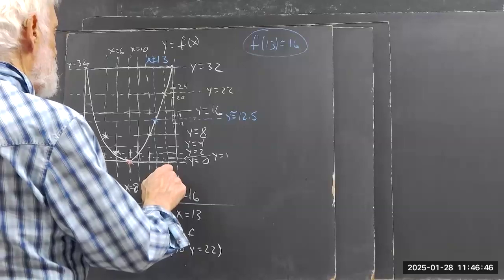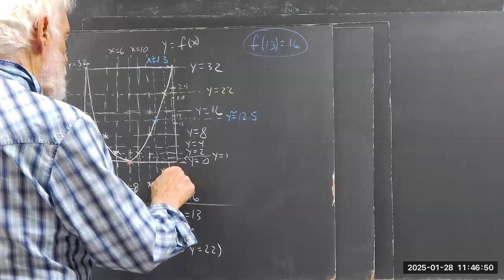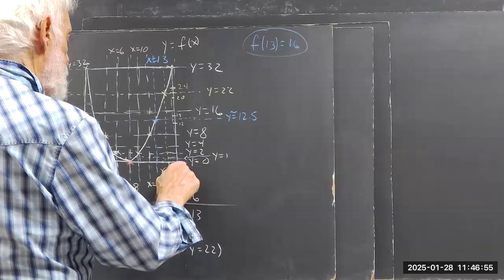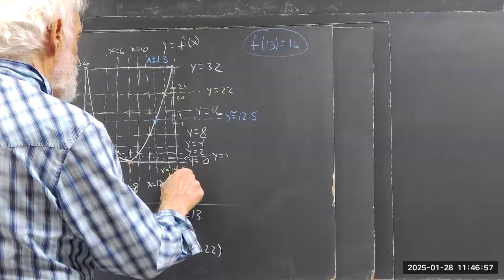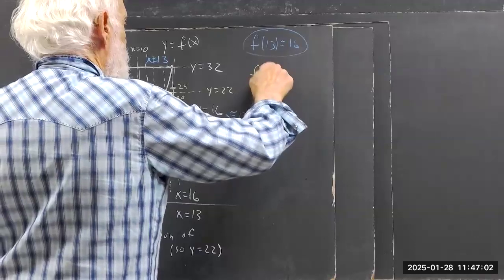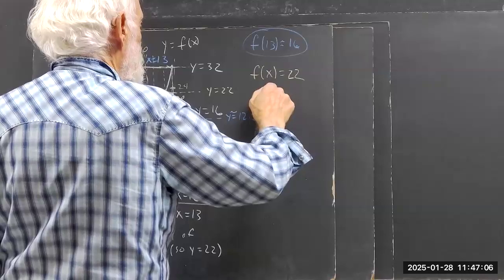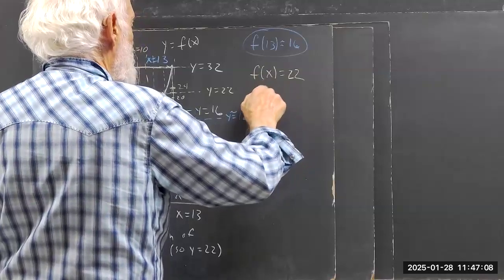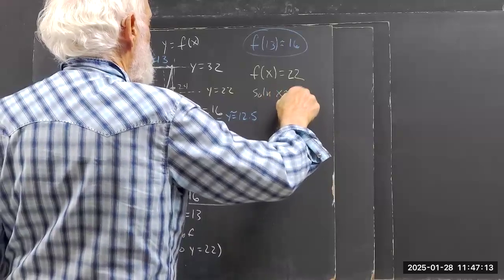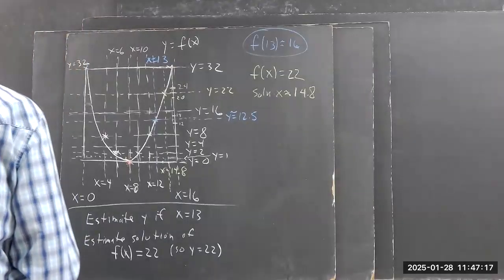Looks like a little less than 15, so I'm going to say x equals 14.8. So now I'm going to write the equation, f of x equals 22. X is about 14.8.